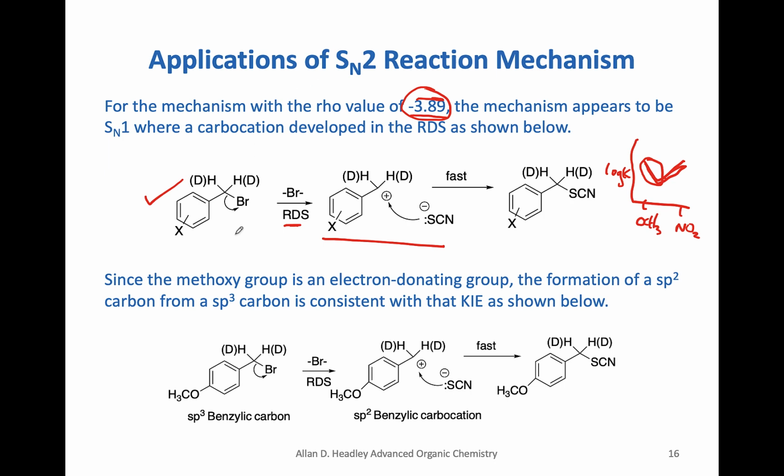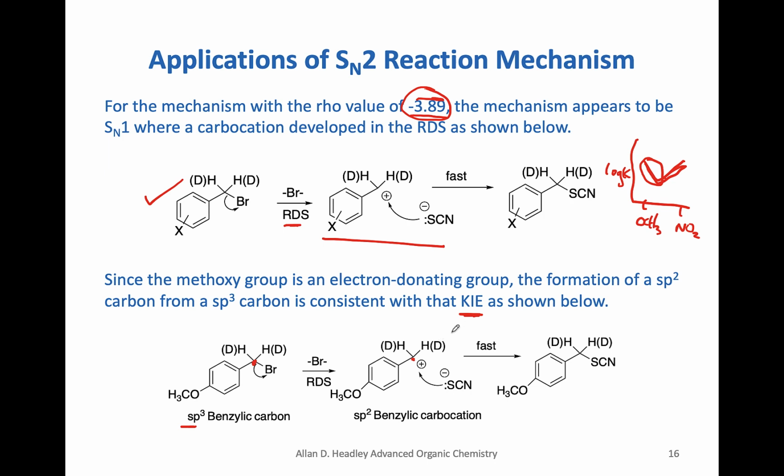Let's look at the kinetic isotope effect experiment here. It implies that this carbon here, which is now sp3 hybridized, that's a benzylic carbon, goes from an sp3 to an sp2. That's consistent with a normal secondary kinetic isotope effect.